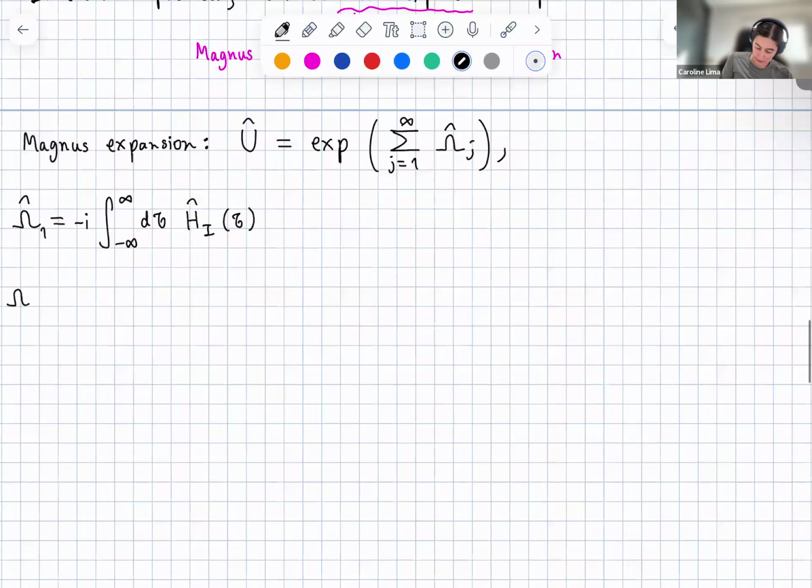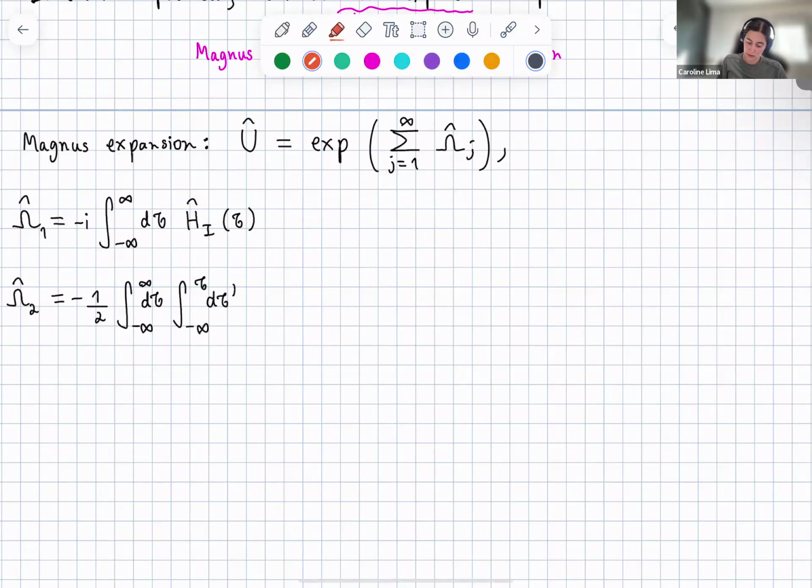Now the second order is going to be given by minus a half times the integral from minus infinity to infinity of d tau, and then the integral from minus infinity to tau of d tau prime, of the commutator between h I of tau and h I of tau prime.